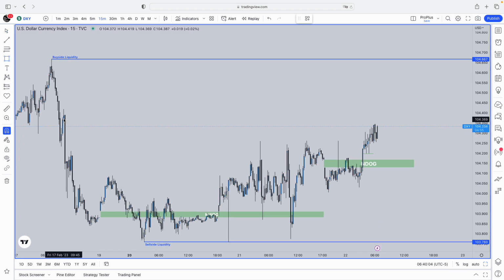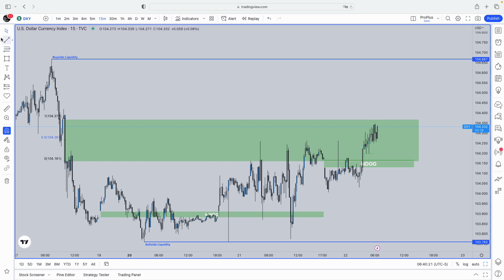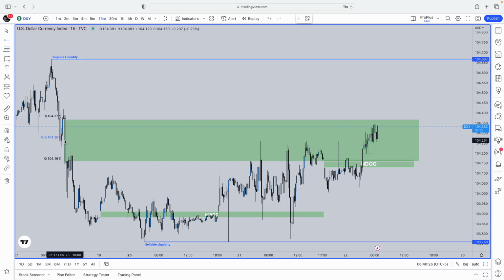And there is this SIBI here, which price could tap into the top of it. So at the minute, the consequent encroachment of this SIBI looked like it got respected. There.